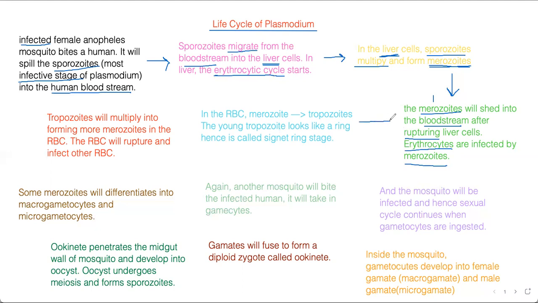Now, when it infects the RBC, it is in the erythrocytic cycle.